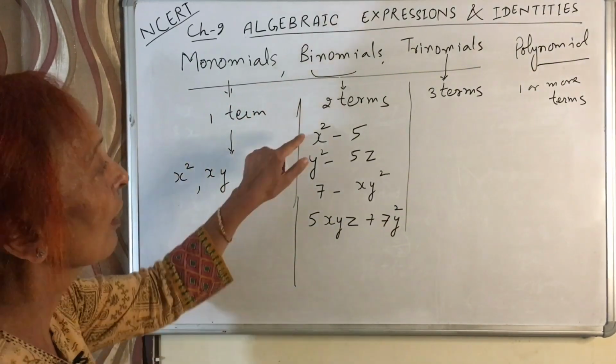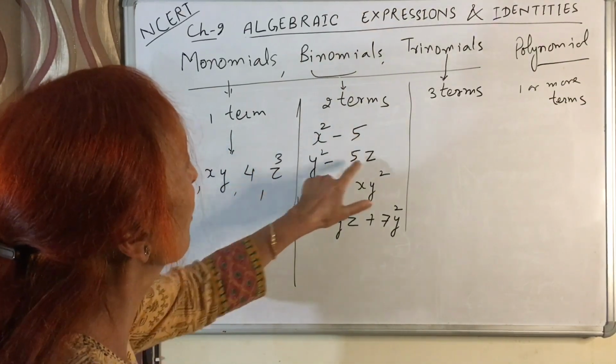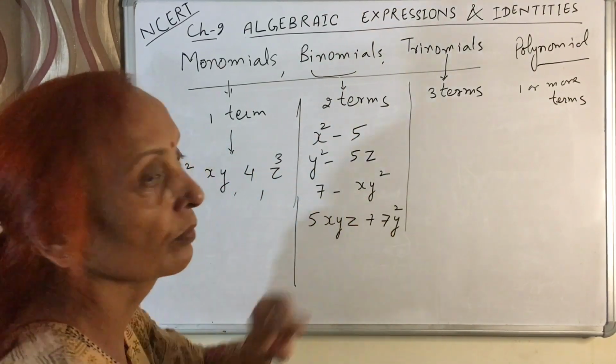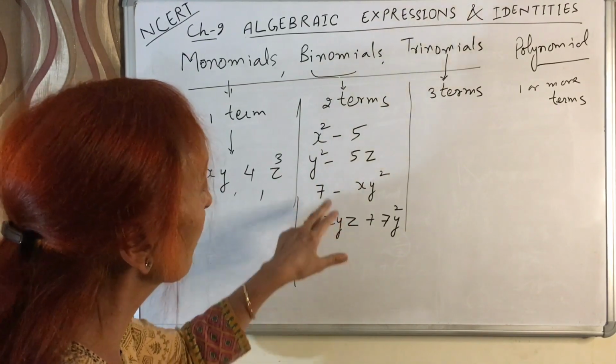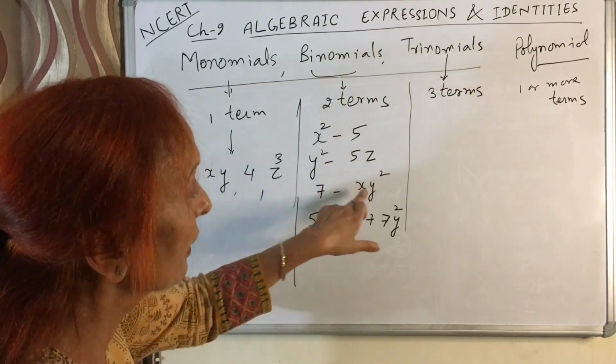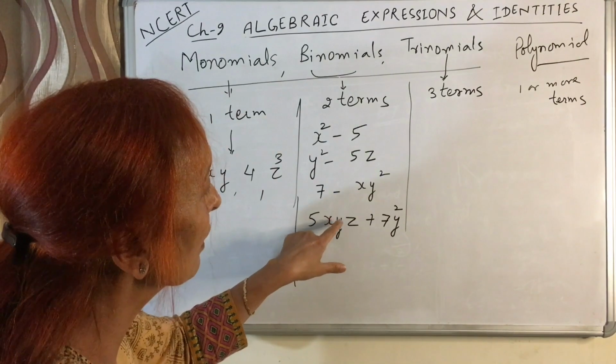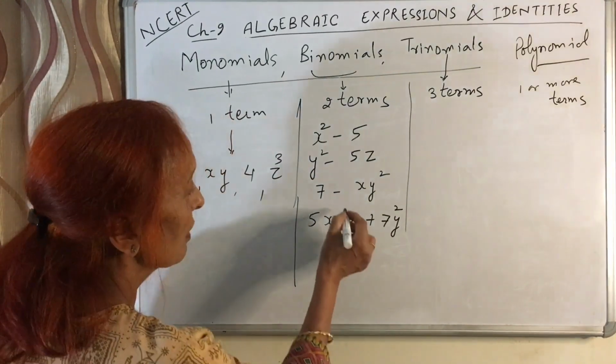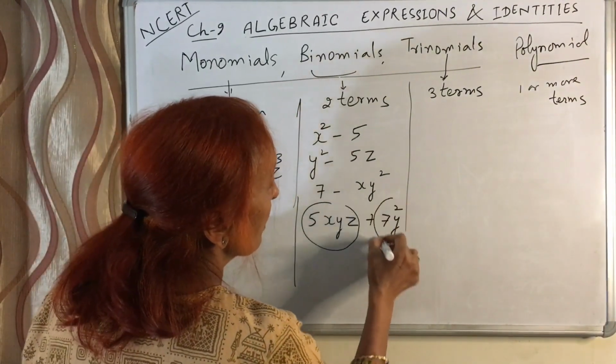Here there are two terms each. Plus and minus separate the terms, whereas multiplication does not separate the terms. This is only one term. This is only one term.